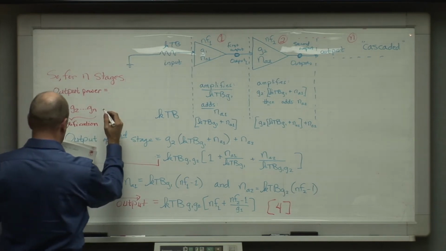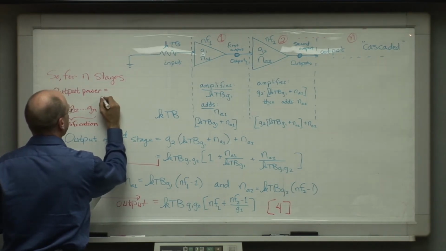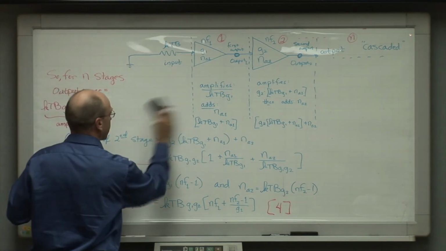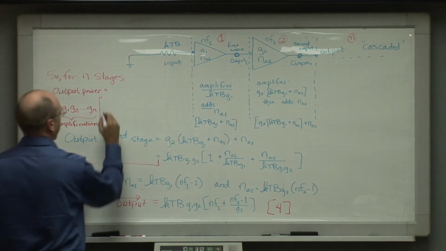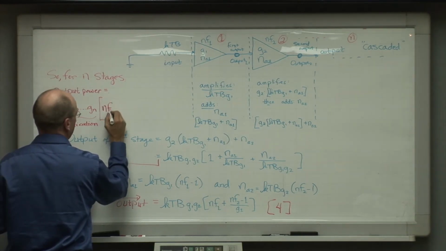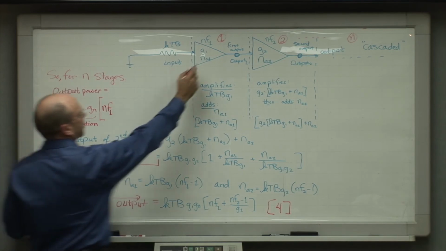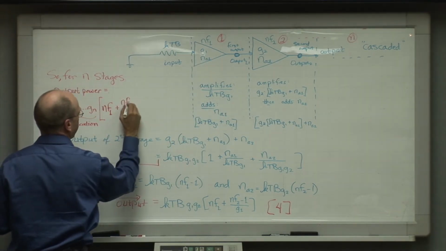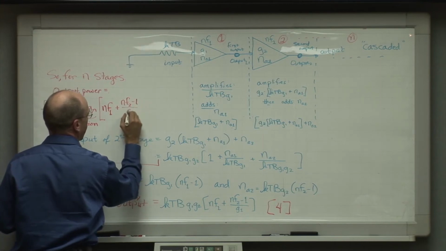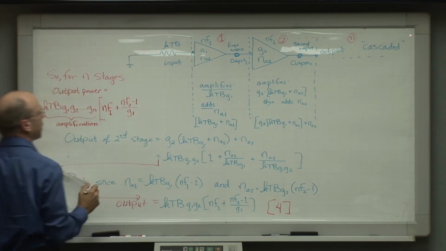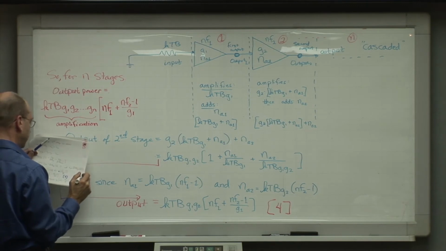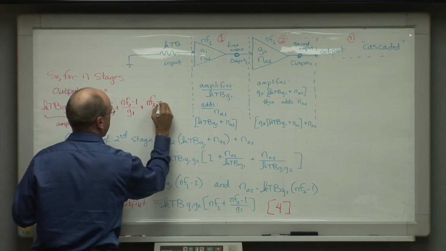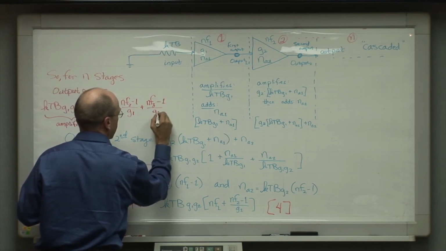And then comes the penalty phase of the equation. I'm going to erase this little part right in here. And the penalty phase is the noise factor part. We have to multiply that by the noise factor of the first stage, NF1, plus NF2 minus 1 divided by the gain of the first stage, plus noise factor 3 minus 1 divided by the gain of the second stage.